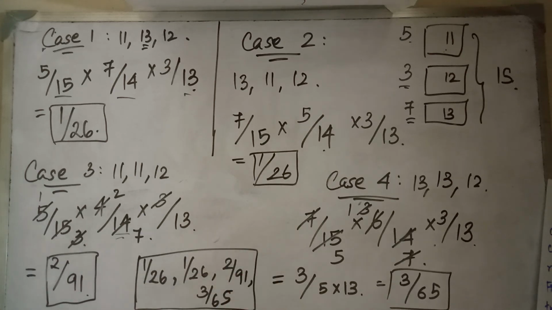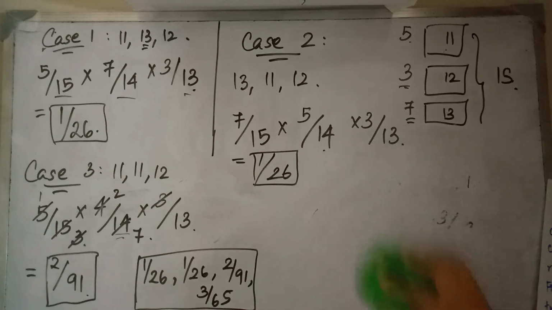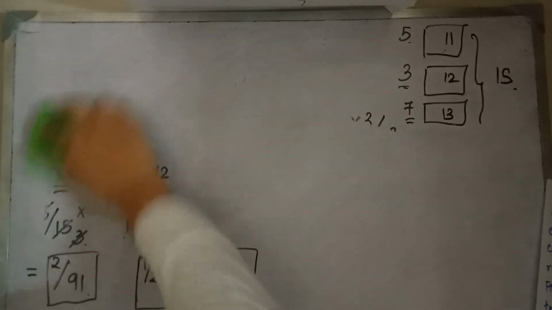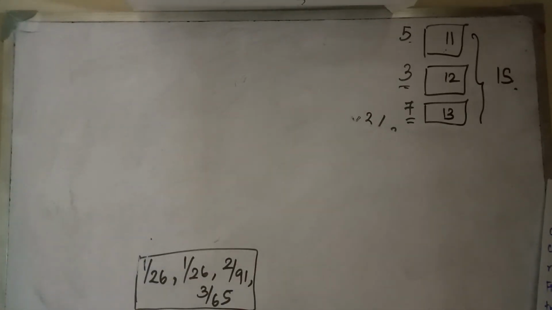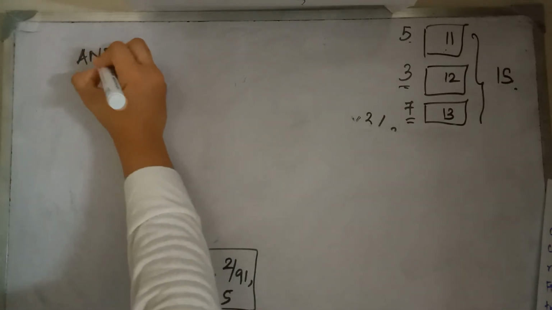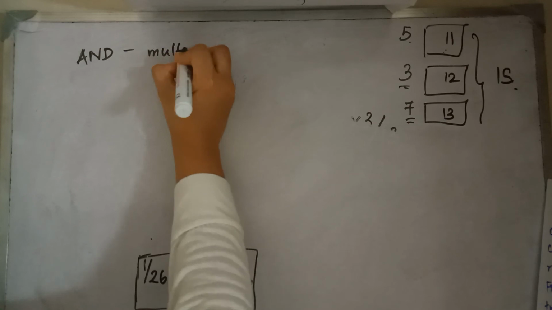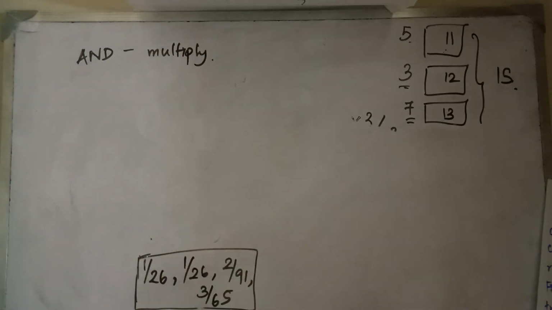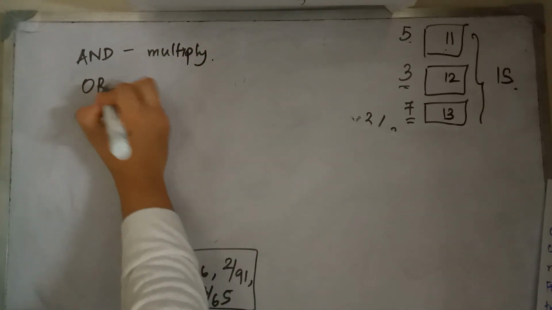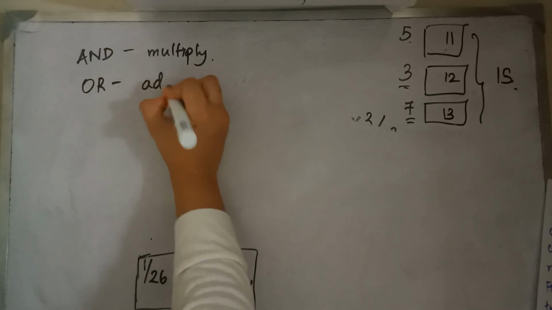Now what do we do with all of these numbers? If you notice, it depends on whether you multiply it or add it. In which cases do you actually multiply it? You multiply it if it's AND. I've mentioned this in other videos, and you add it if it is OR.